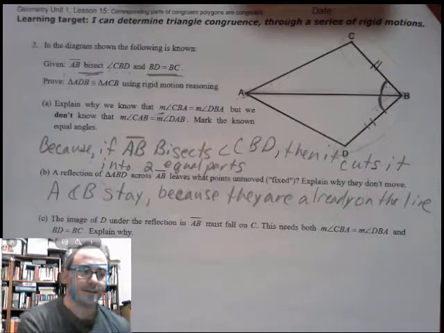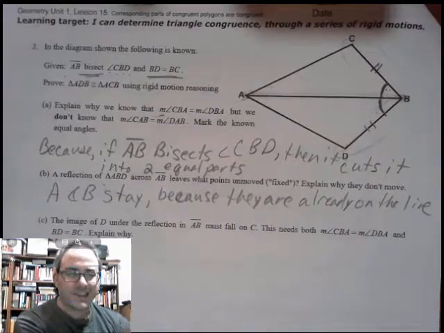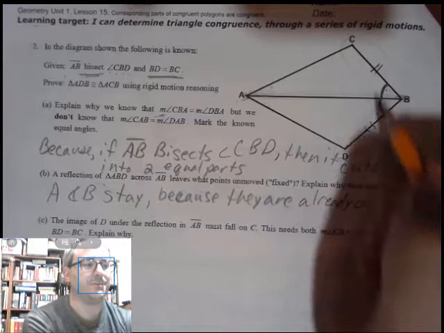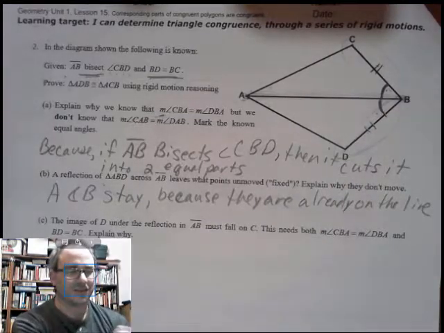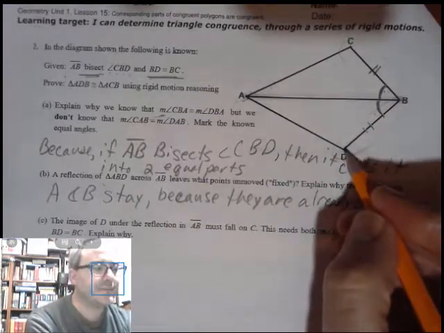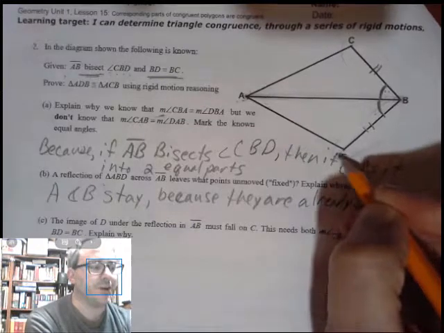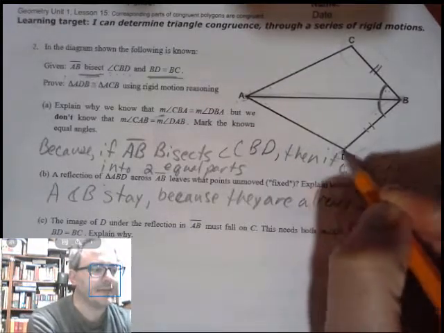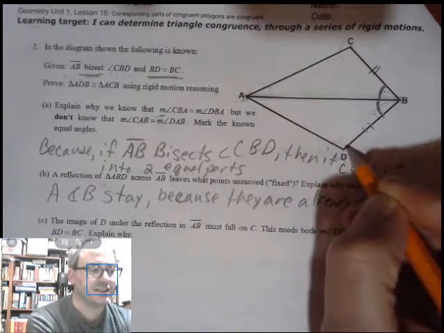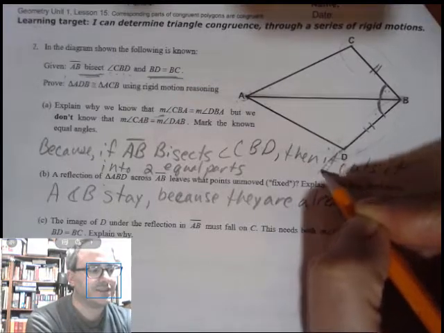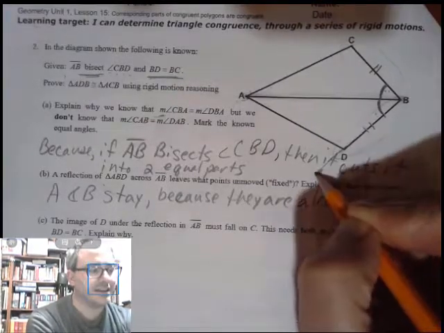All right, unpausing. I need to know that both of these are congruent to be sure that these triangles are congruent, because what if BC is just a little bit longer? Then this angle measure changes.